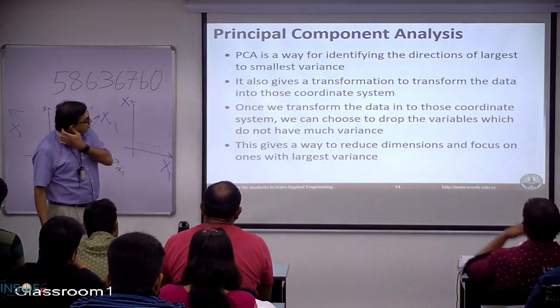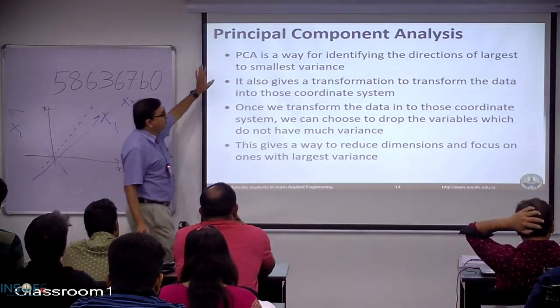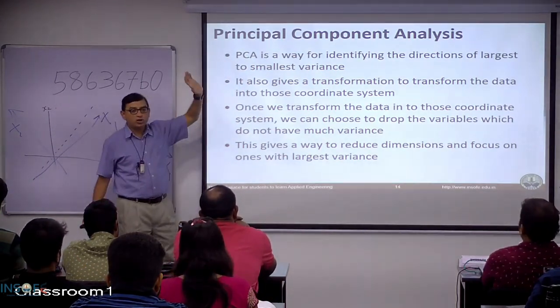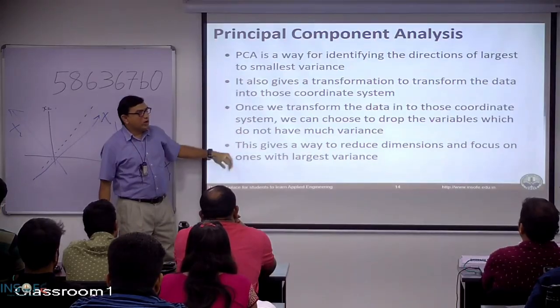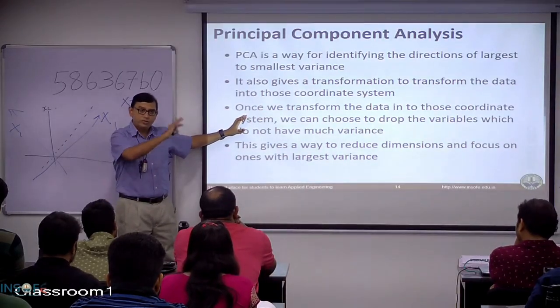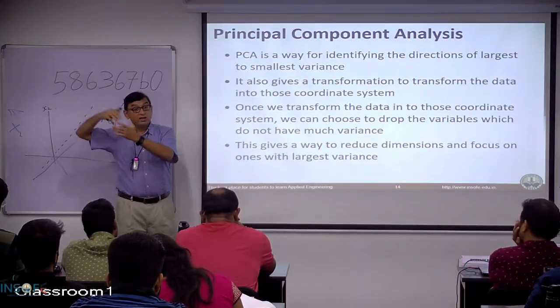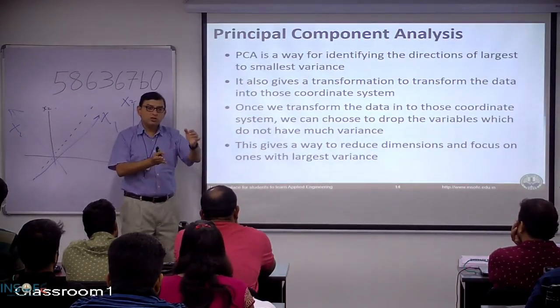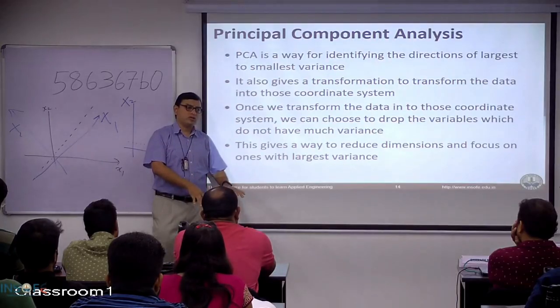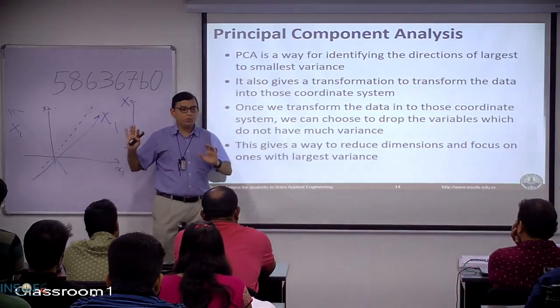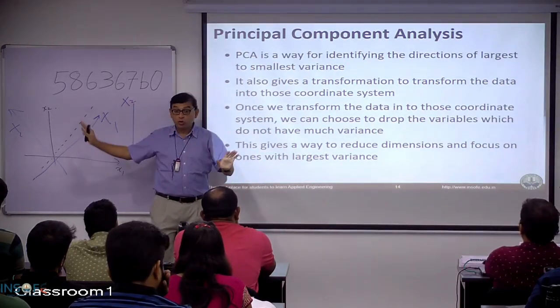As I mentioned, PCA is the way of identifying directions of largest to smallest variance. Once we isolate the largest direction and the smallest direction, hopefully we can drop the smallest direction and have a simpler model. All of this without even looking at the Y yet.